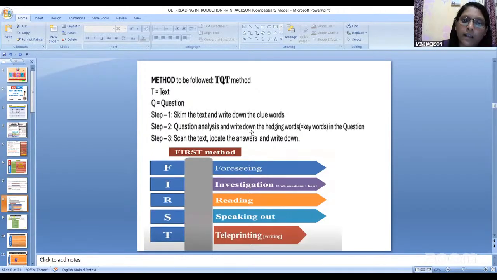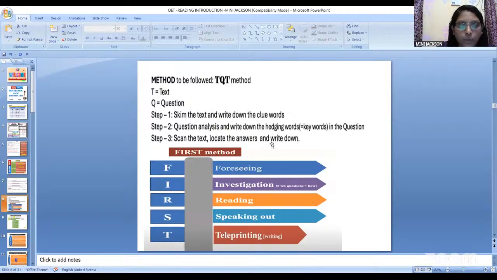Then question analysis: write down the hedging words or the keywords in the question. Hedging words means the important keywords you have to find out from the question and do the analysis. Then we can go back to the text, do the scanning, locate the answer and write it down.